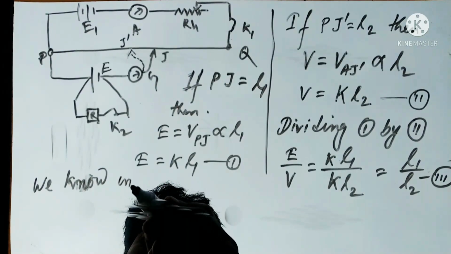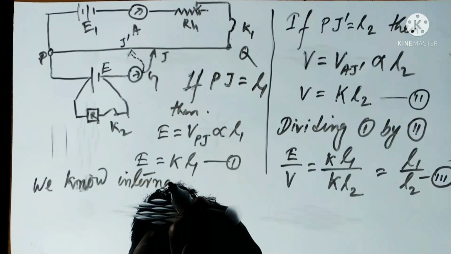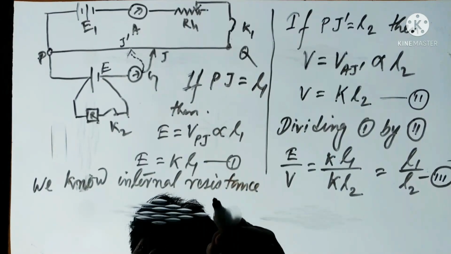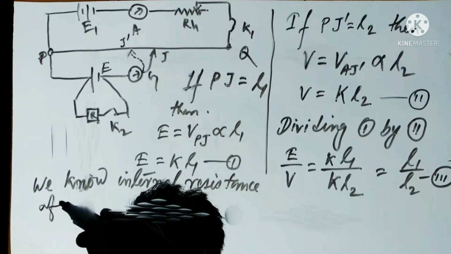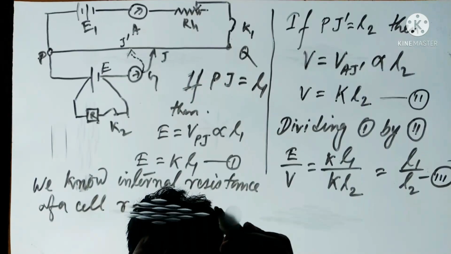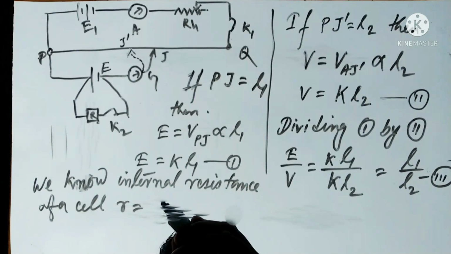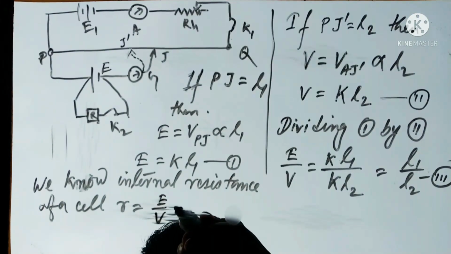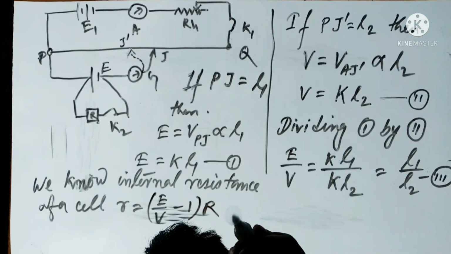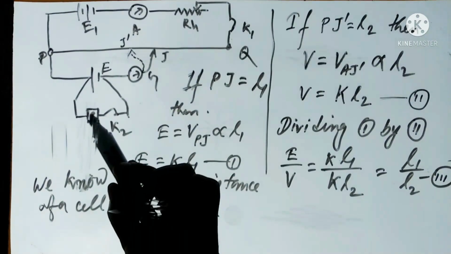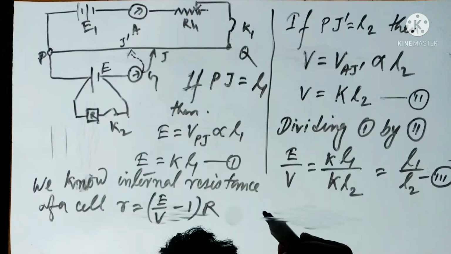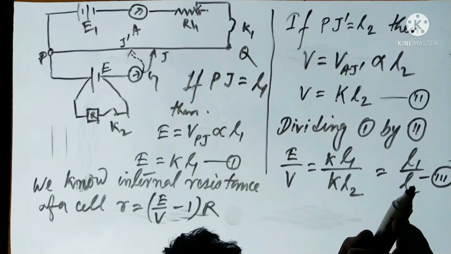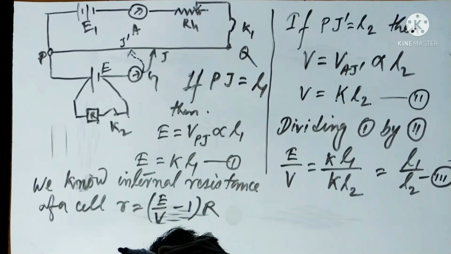So we know that internal resistance of a cell r is equal to E by V minus 1 multiplied with R. So this R is the resistance which we have connected with our cell, and E by V is L1 by L2.